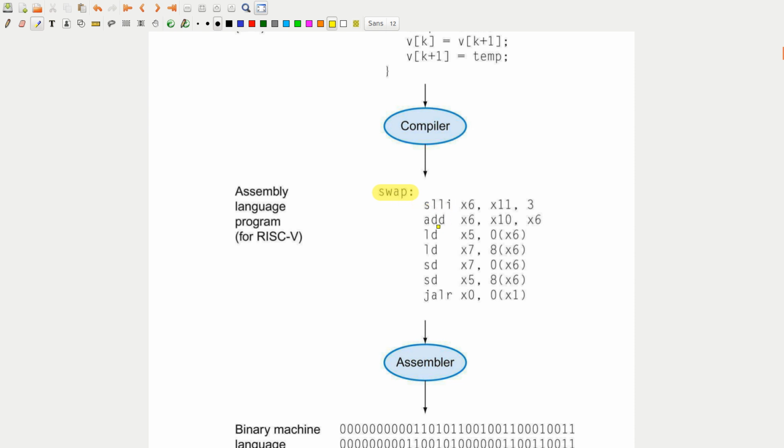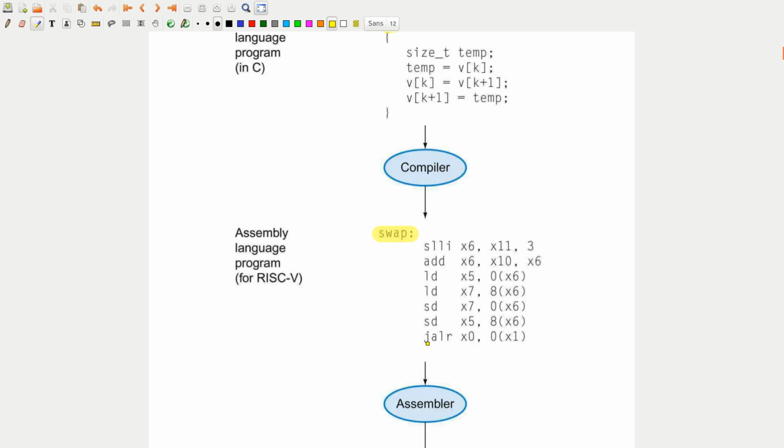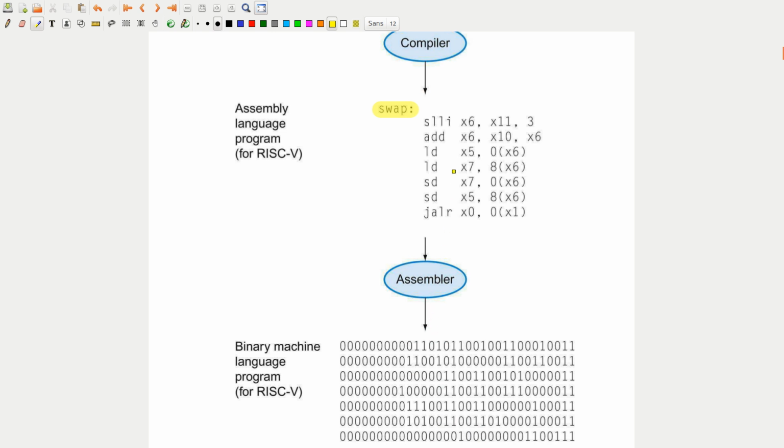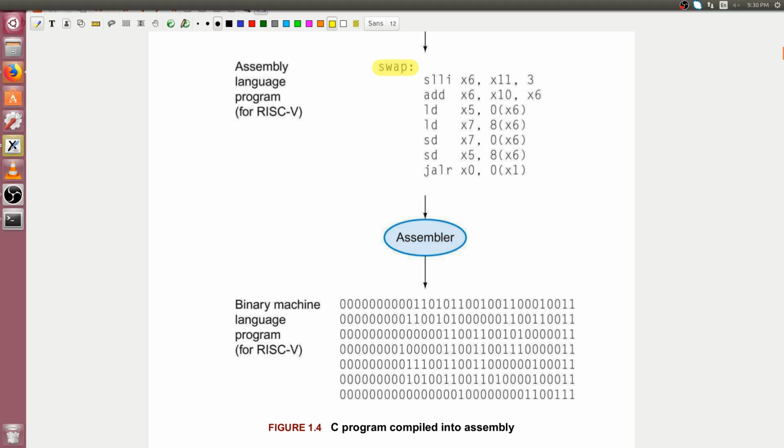And then it will get here, and then it will do the same operations here. So here we're doing some loads, and we're doing some stores, and we're doing an add. And then we have this JALR, and we'll go into what these mean later. So this is going to be jump and link return. And we'll go into what jumping and linking when you return means later. And then the assembler is going to take this and put it into a bunch of binary bits that the computer will be able to understand.